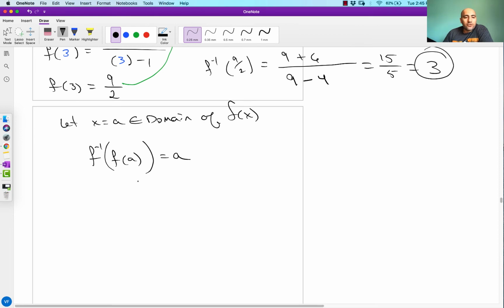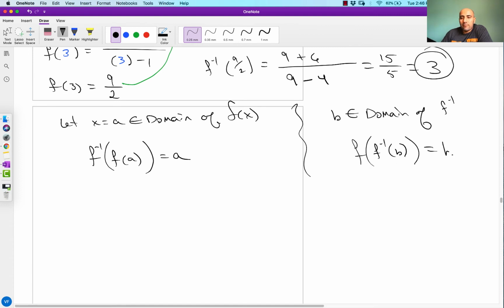And I also want to show the reverse is true, that if I start off with some b, which is a member of the domain of f inverse, and I plug b into f inverse, I get f inverse of b, and then you take that output and plug it into the f function, and it brings you back to b.